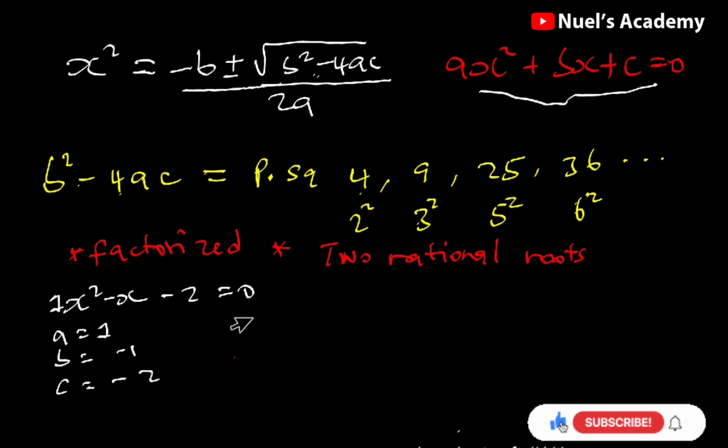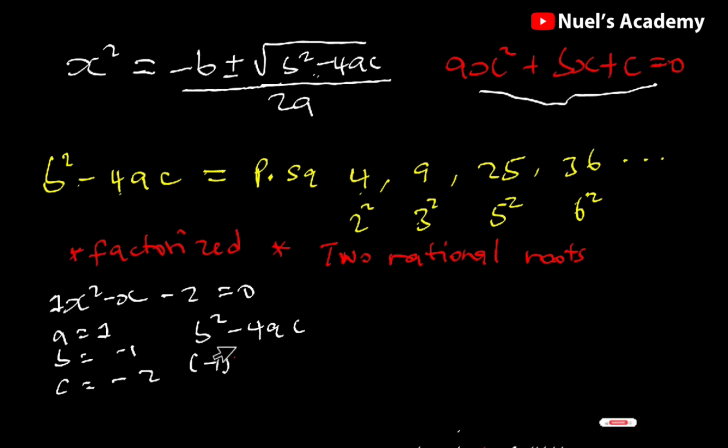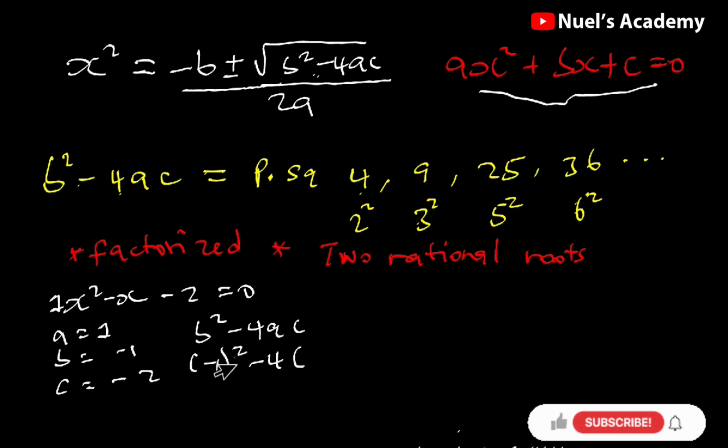Now, b squared minus 4ac, we're going to plug in these values of a, b, c into this expression. So b squared from here is (-1) squared, then minus 4. The value for a is 1, and then the value for c is -2.